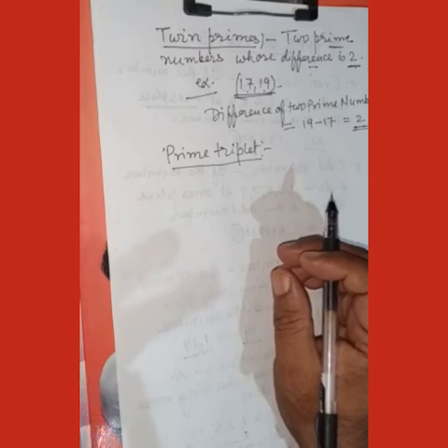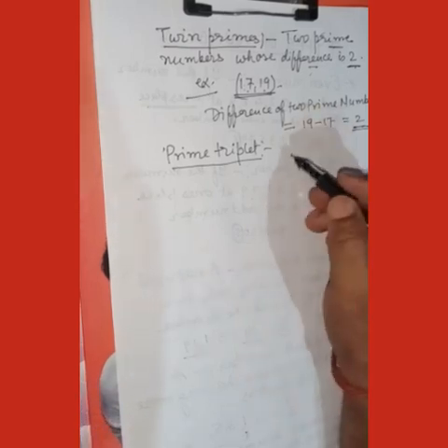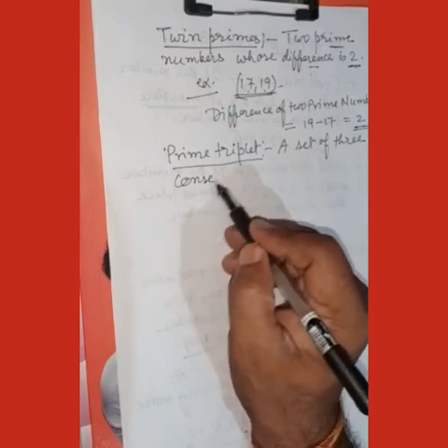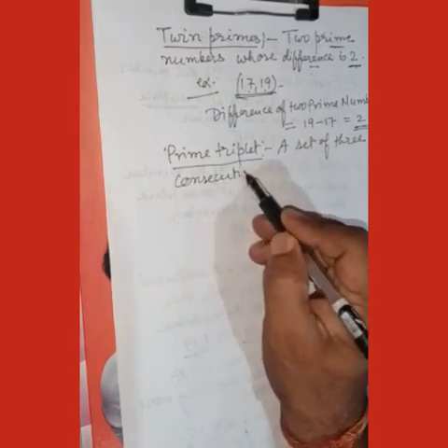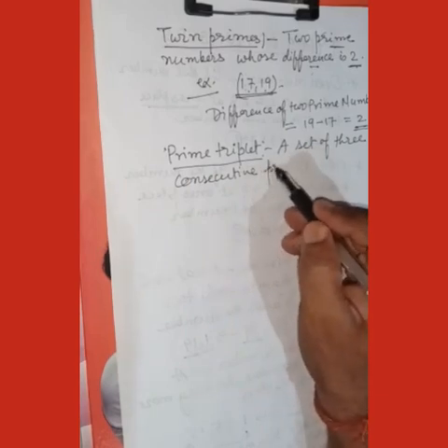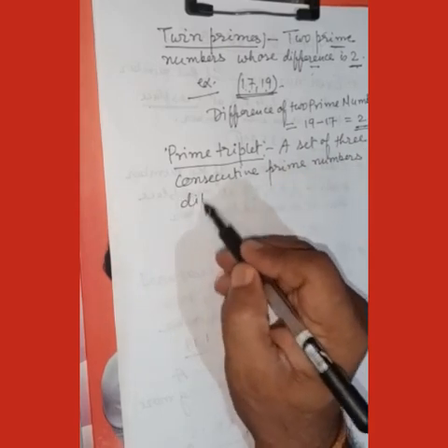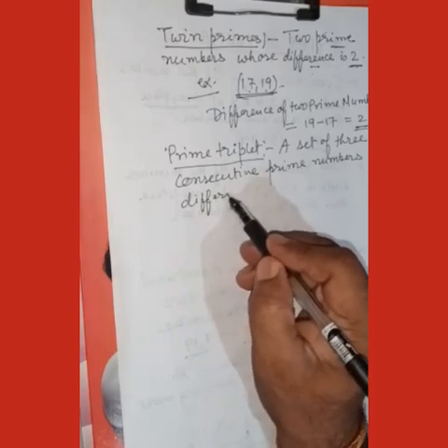Okay, so we can say a set of 3 consecutive prime numbers differing by 2.